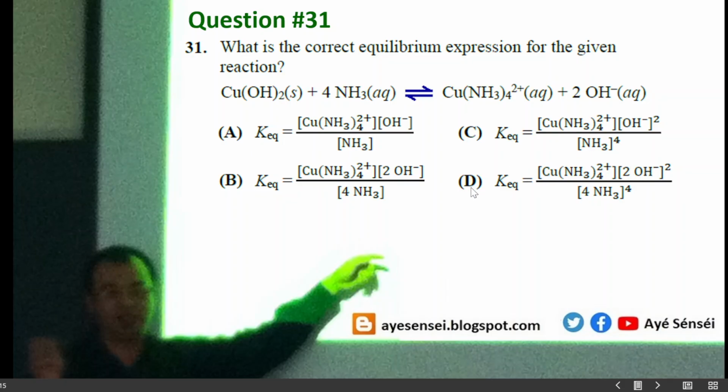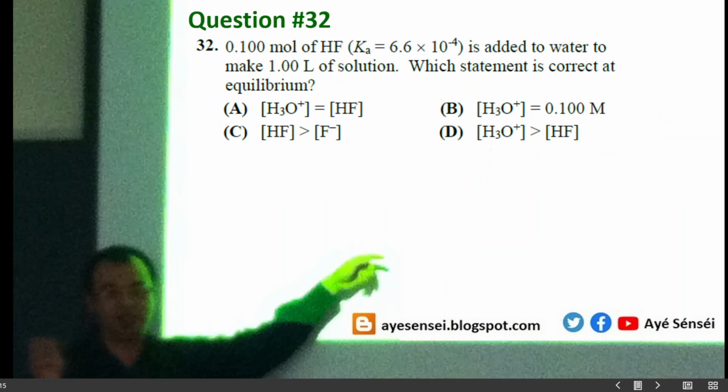Well, it seems that we just find the answer directly, so the answer is C. Here in NH3, the concentration is to the power of 4, and that's how we found the equilibrium expression.